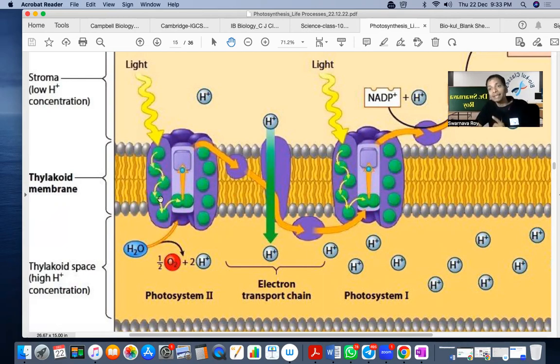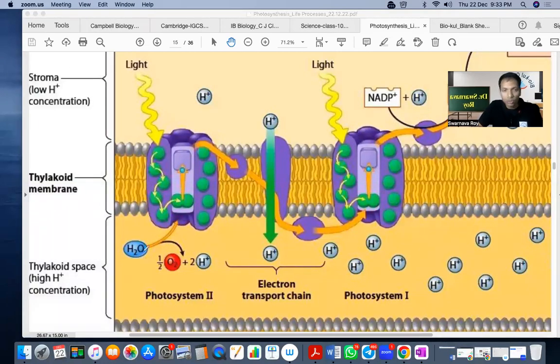And this is what exactly they do: they attack water, they lyse water. So they're attacking the water molecule and splitting it up into oxygen and H plus ion. This is called the photolysis of water.